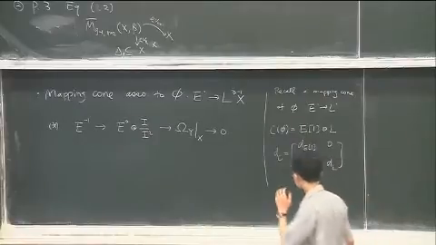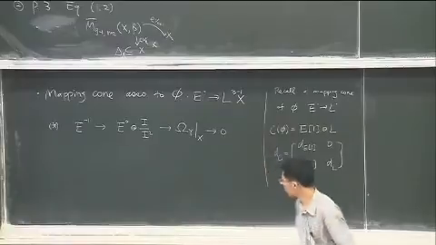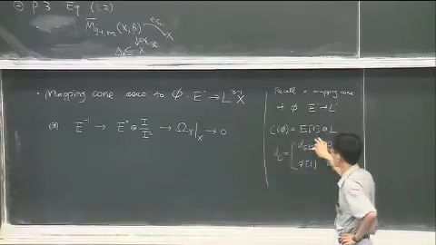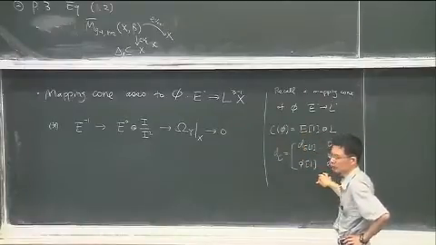So that's the mapping cone. Anytime you have a morphism of complexes, you can form a mapping cone. This is shifted by 1, and then the differential can be written like this.